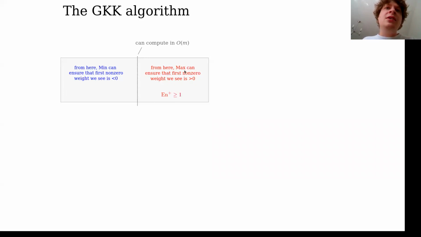Now, since max can ensure to see a weight which is positive and the weights are integral, this means that the energy has to be greater than 1, because we can ensure that the profile has these small bumps at some point and goes higher than 1. And likewise here, the dual energy value has to be smaller than -1.